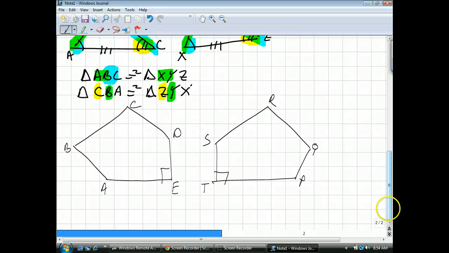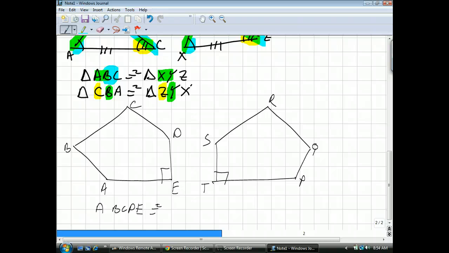And so if these two are congruent, and they are, even though my pictures don't look the same, we would say, if I name the first polygon, polygon ABCDE, then the second polygon, I have to match up parts.